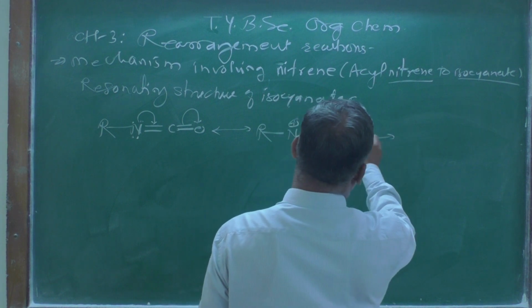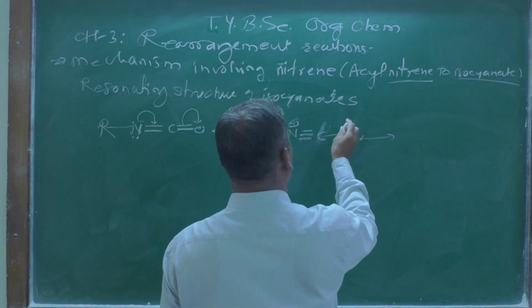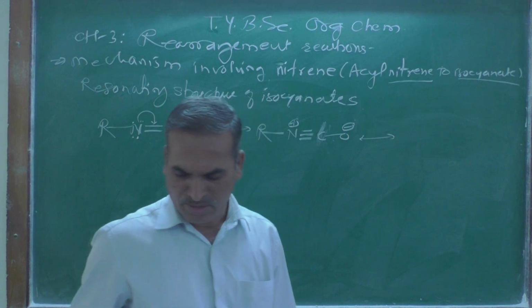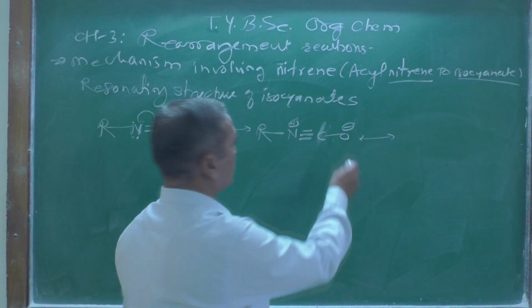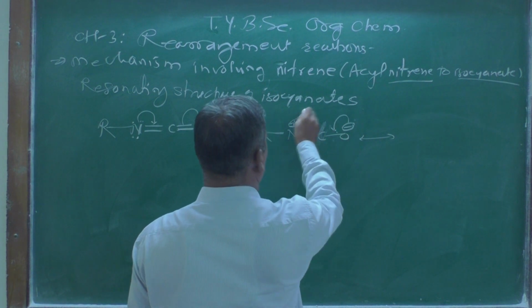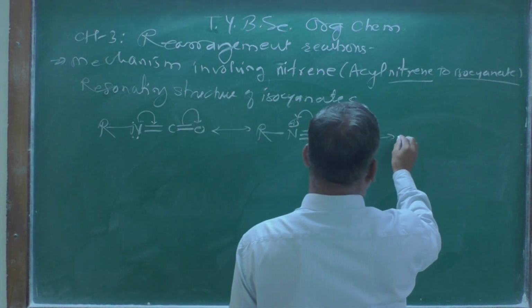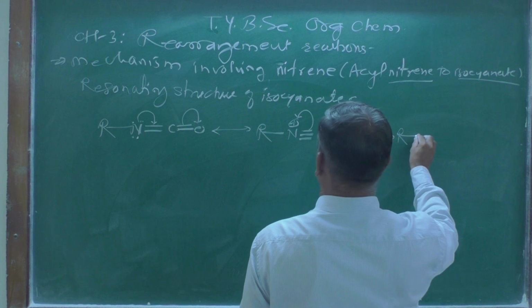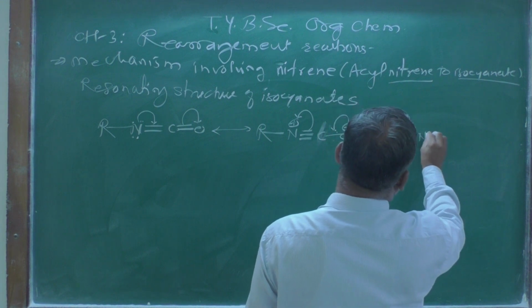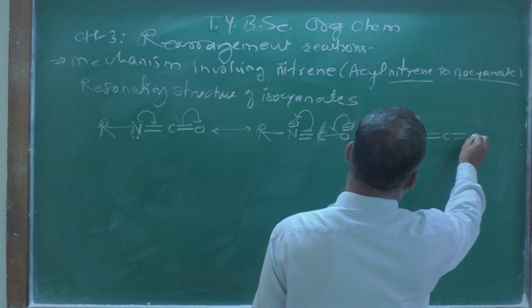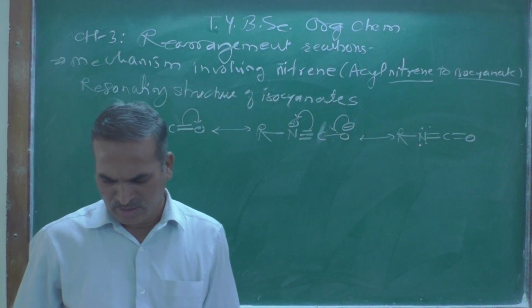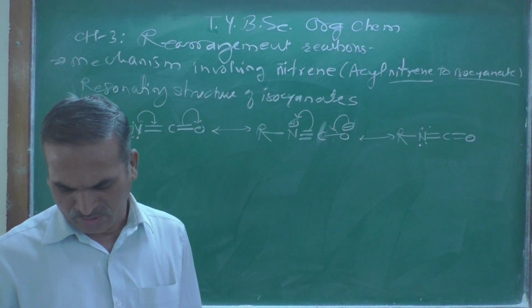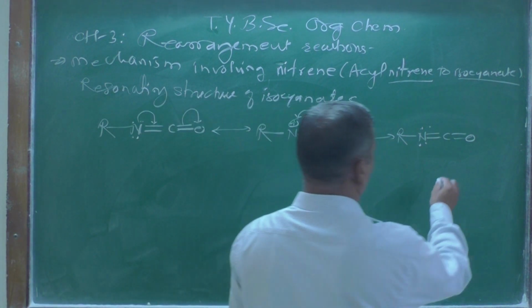This resonating structure we can draw again this way. Here the positive charge gets neutralized, and we get N double bond C double bond O, with the lone pair coming on the same atom.